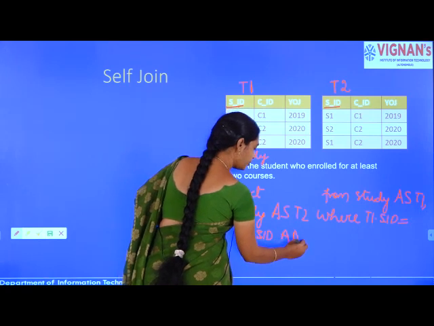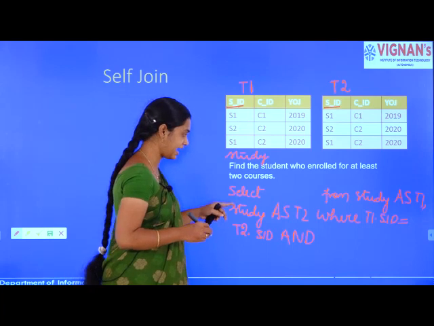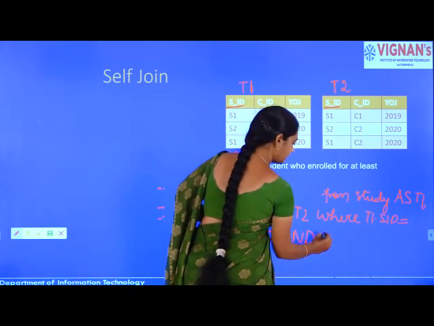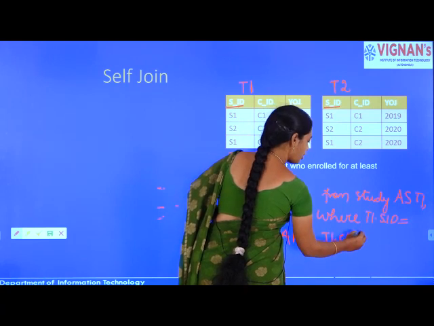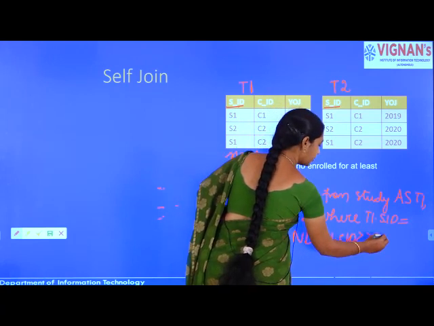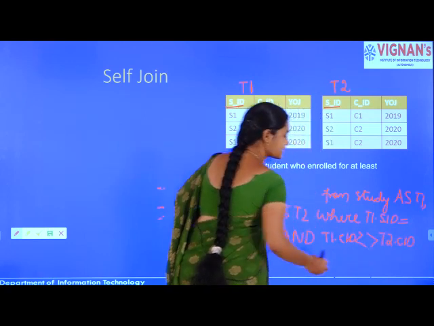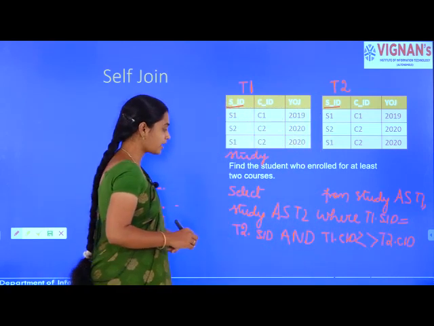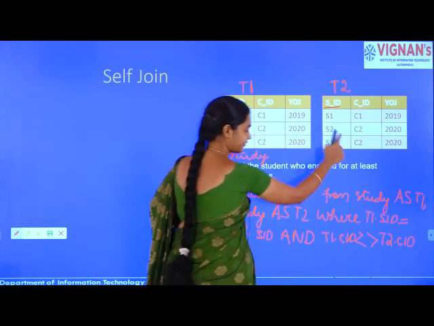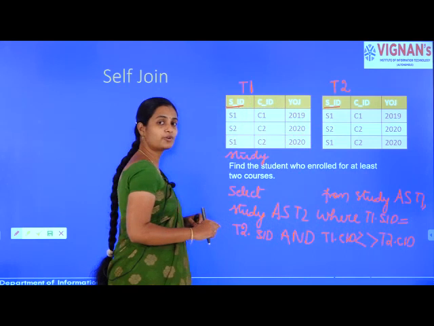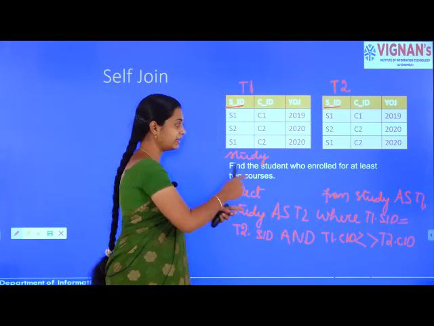I'll write one more where clause with the and operator: T1 dot CID should not be equal to T2 dot CID. What does this mean here? T1 dot CID should never be equal to T2 dot CID. So only those rows will be taken out.